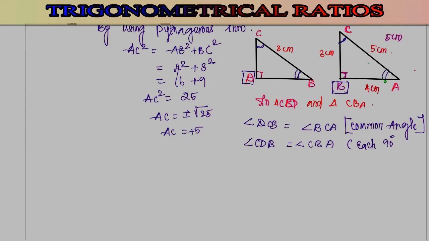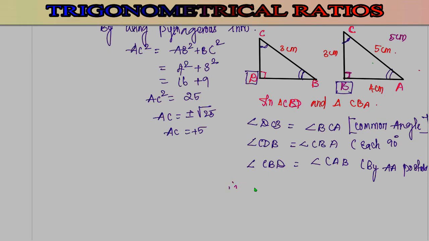So I can write here angle CBD is equal to angle CAB. Both are equal by AA postulate. So we can say therefore the triangle CBD is similar to triangle CBA. So both are similar.